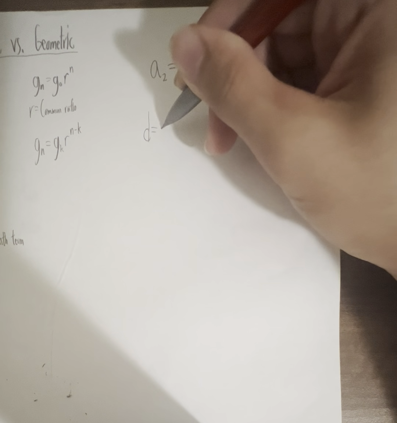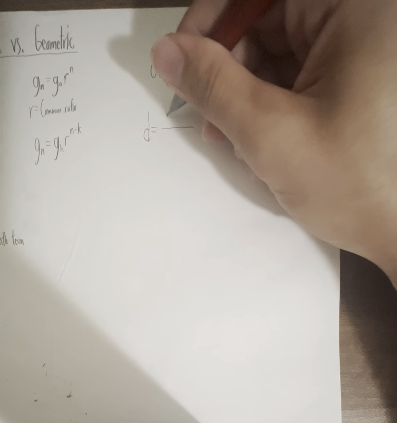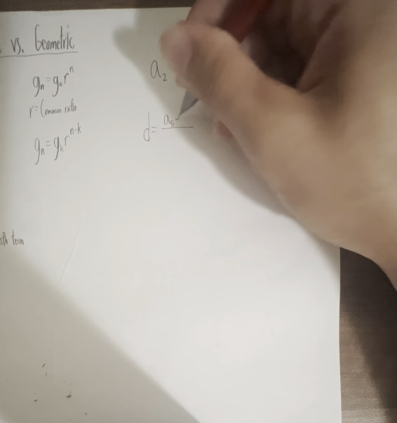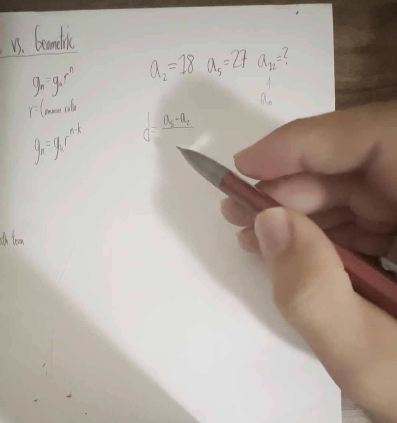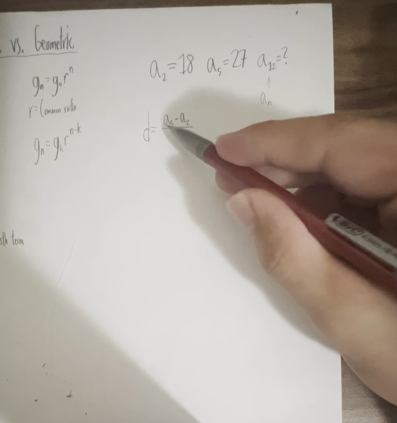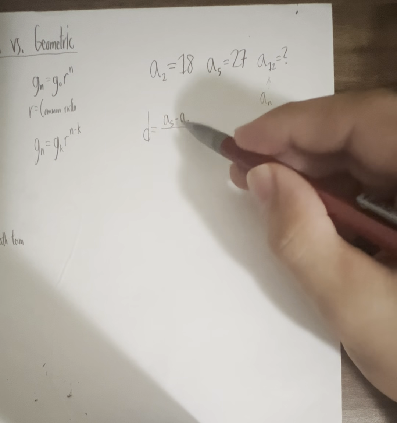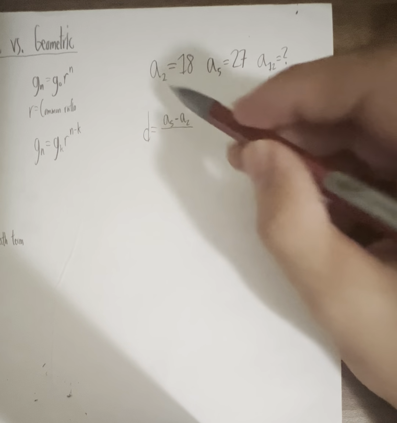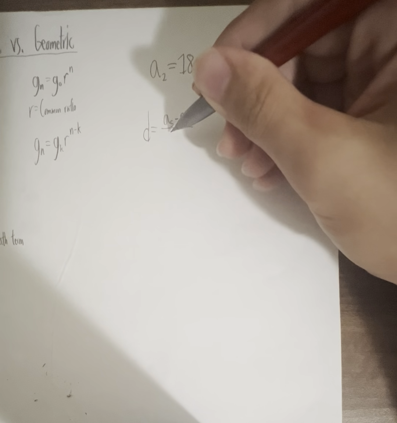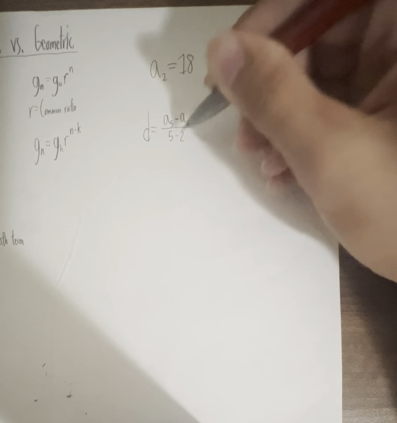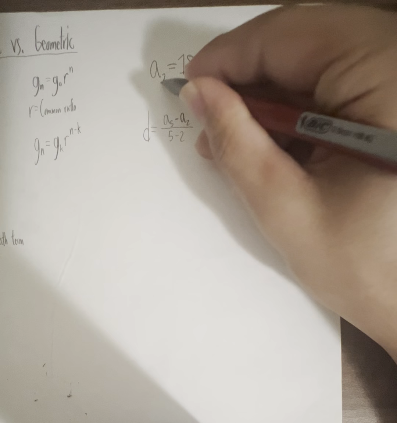The reason I'm introducing this so early is so that we can get through this pretty quickly, so there's less confusion later on. What we have to do is subtract a of the lesser term, which is 2, from a of the greater term, which is 5, and then divide that by 5 minus 2.